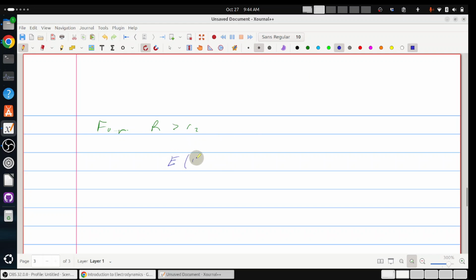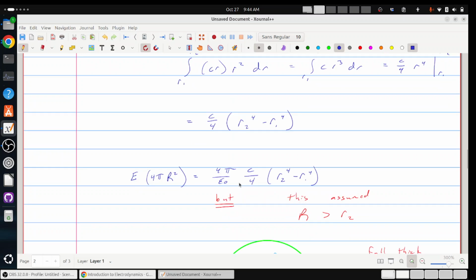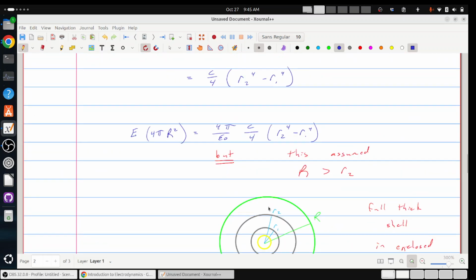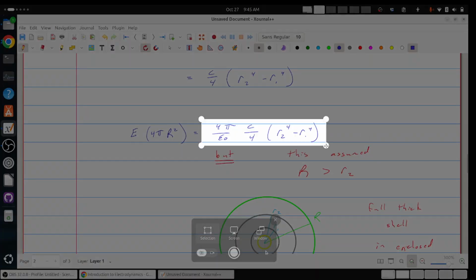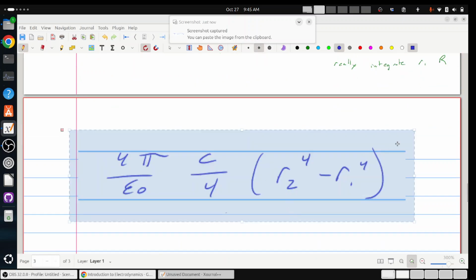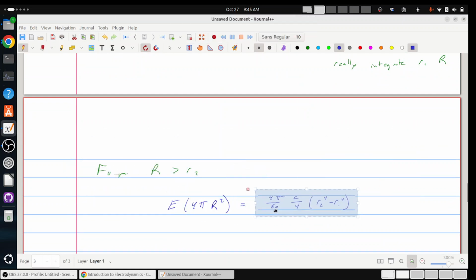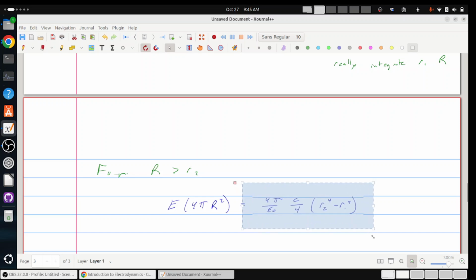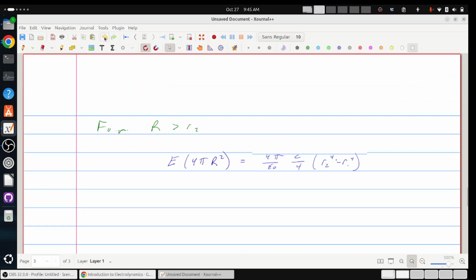My electric field times my 4 pi r squared would have to be equal to what I've got here, 4 pi epsilon naught c over 4, etc. I'm just going to copy and paste this.